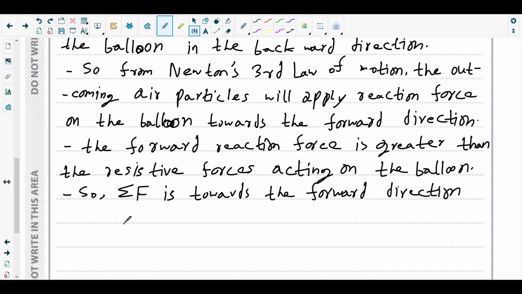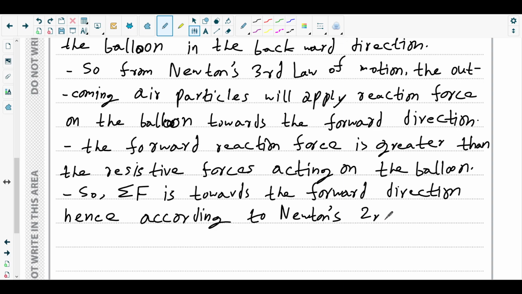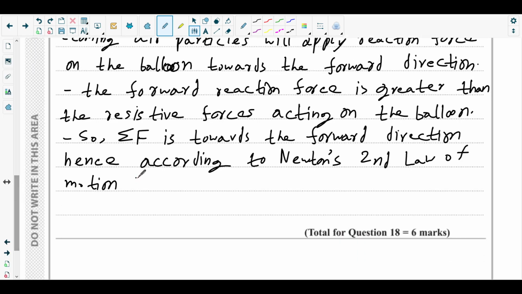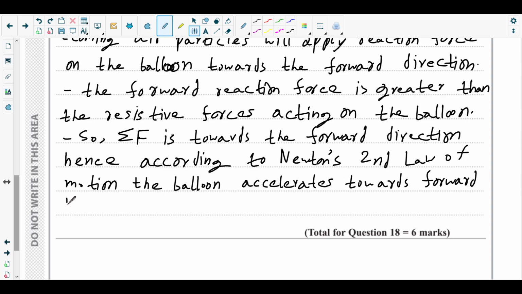Hence, according to Newton's second law of motion, the balloon accelerates towards the forward direction, because the resultant force is acting in the forward direction. We got so far 4 points.